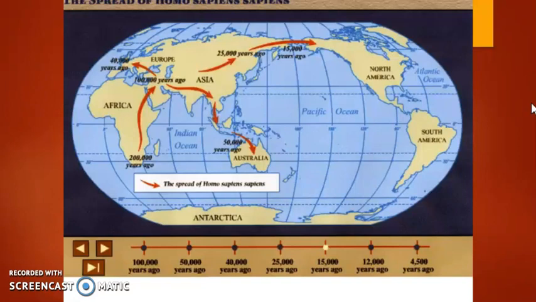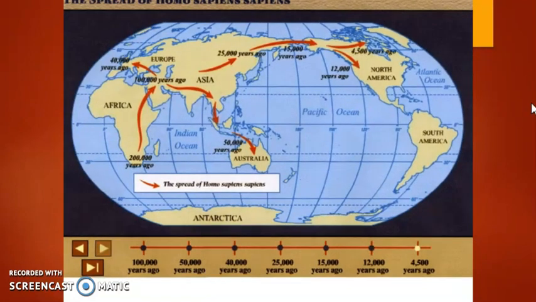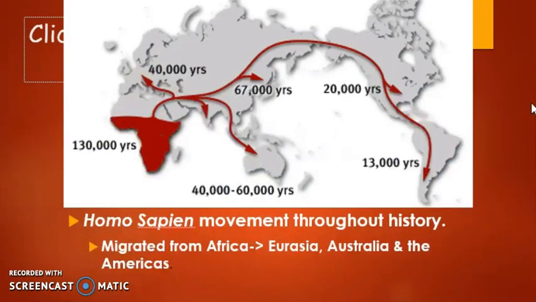And so that allowed individuals, early man, to cross over into North America. Early man will continue through North America, about 12,000 to about 5,000 years ago, and then continue on into South America.